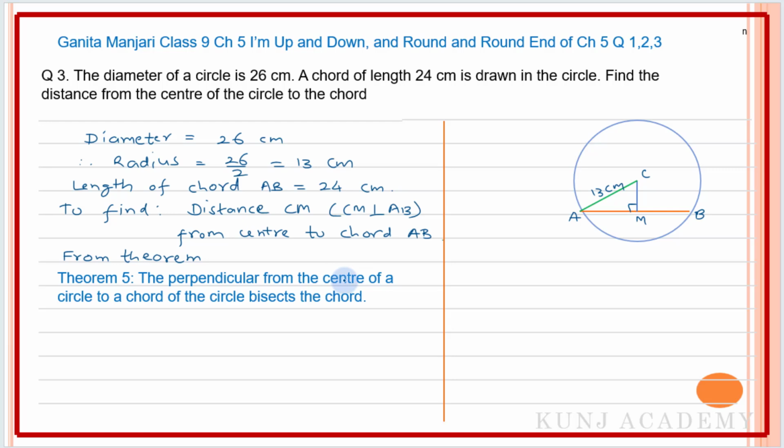The perpendicular from the center of a circle to a chord of the circle bisects the chord. Therefore, M is the midpoint of AB.